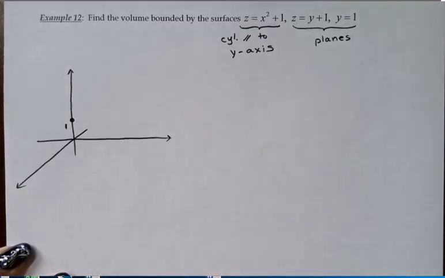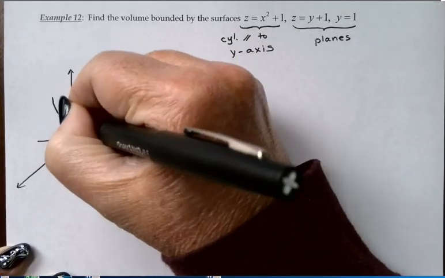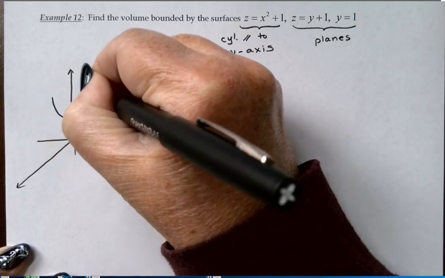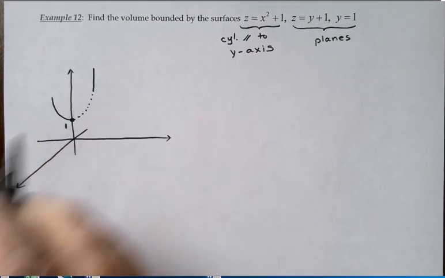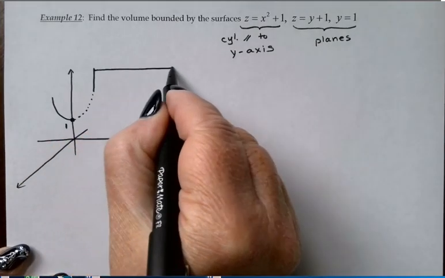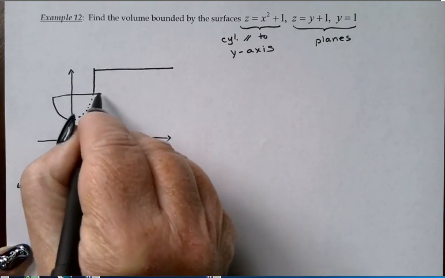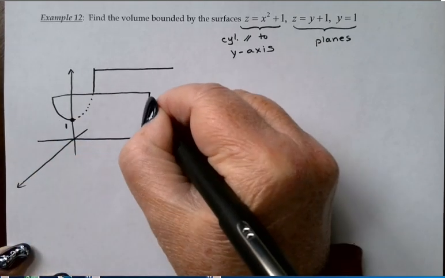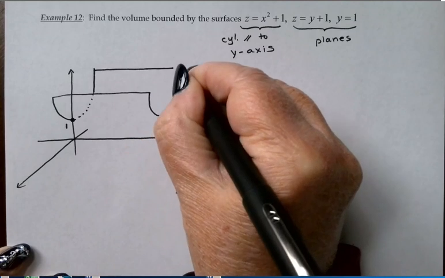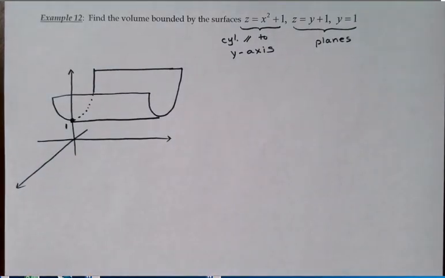So that's 1 right there. Got this parabola, and then I'm going to pull it along parallel to the y-axis. Kind of like that. So there is my cylinder, z equals x squared plus 1.